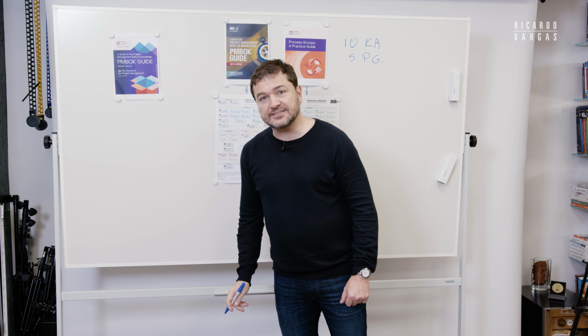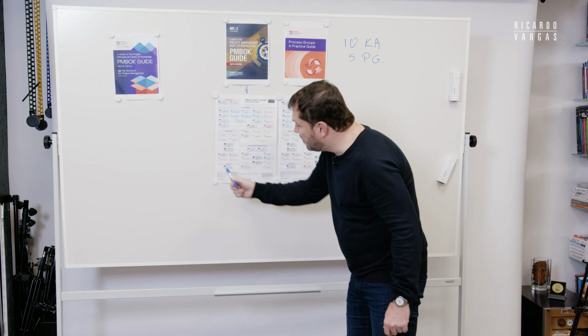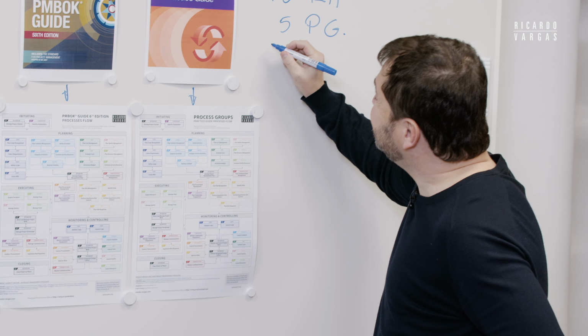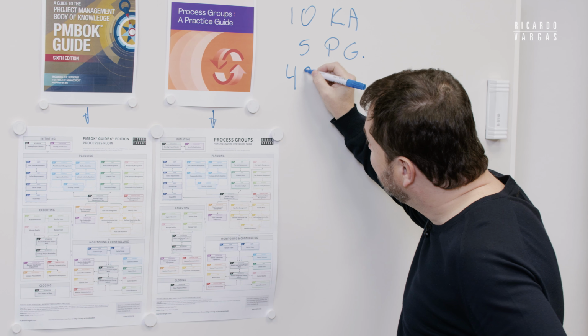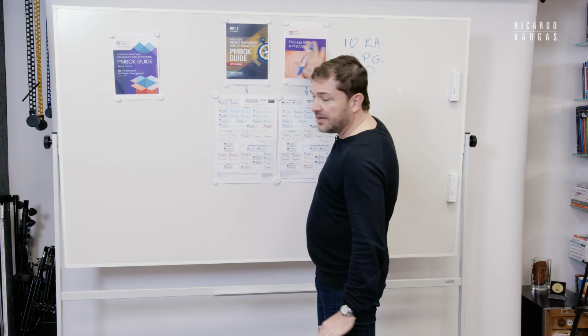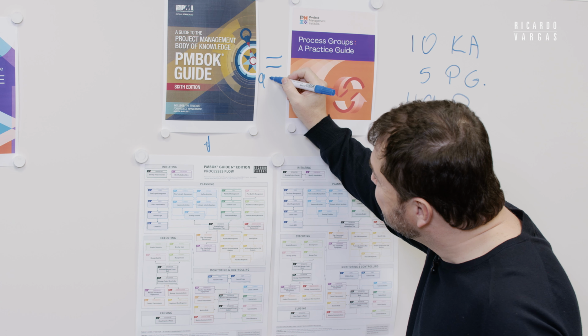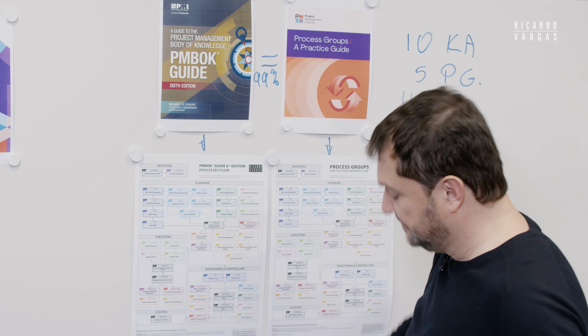And about the processes, if you count every single one of them, you will find the same 49 processes. So hold on. This is the same thing as this. Yes, in 99%. And then, of course, you will ask me, okay, what is the 1% difference?